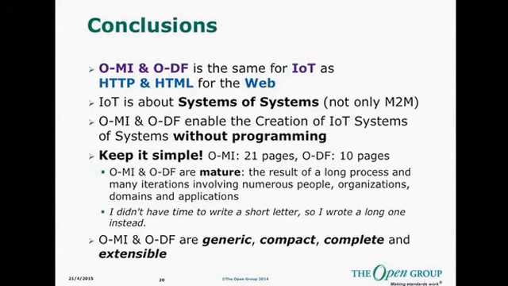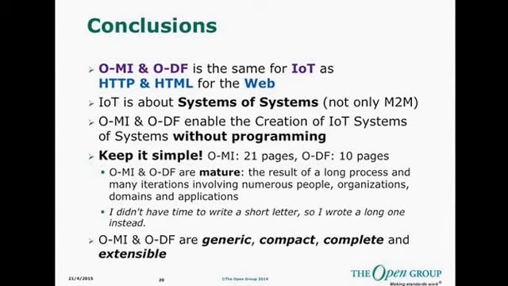Then, keep it simple. Well, the OMI specification is 21 pages, ODF is 10 pages. So I think we have managed to keep it simple, but that's also because we have been working on these specifications over many years, gone through many real-life implementations and so on, so they are pretty mature.